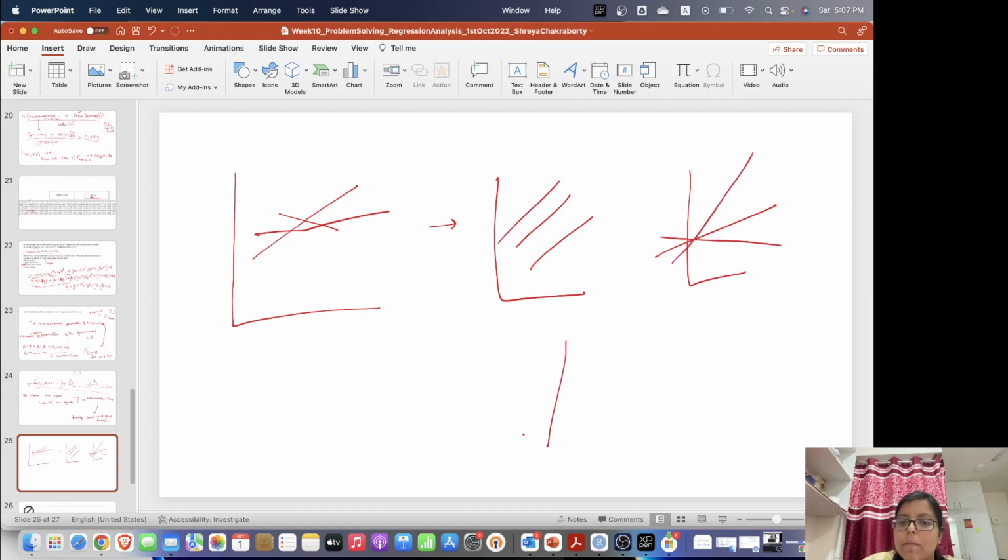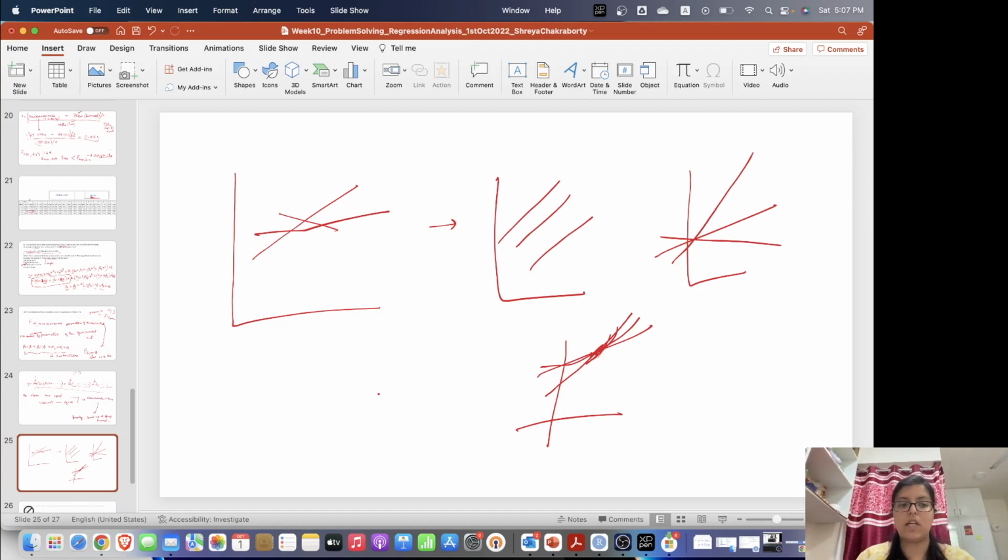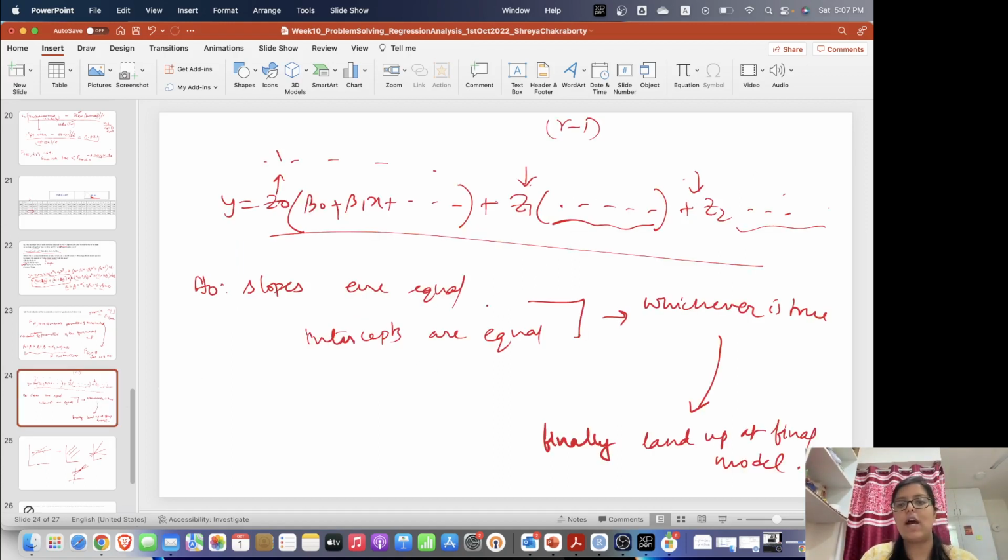You could assume something else, that this is different, but their rate of change is the same at this point, something like this. So based on your hypothesis and what you want to find out, and what your test will be, you have to devise your hypothesis and test the coefficients that you are going to take into account.